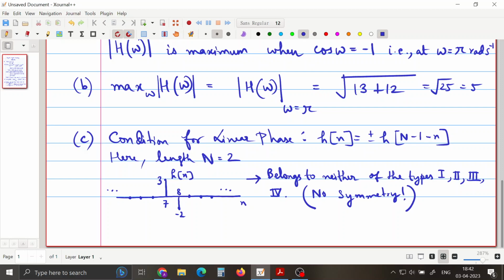You can directly conclude this from the diagram, the sketch of the impulse response itself.